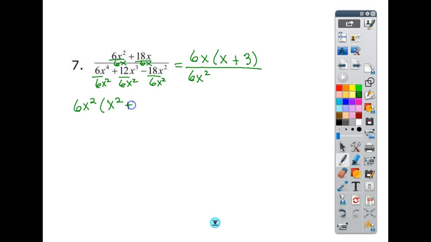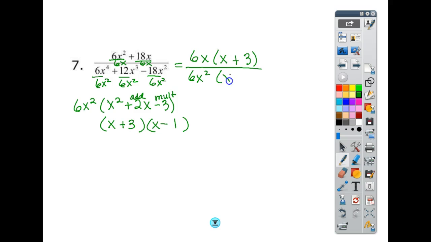X squared plus 2x, good, minus 3. Now, this will factor again. What multiplies to negative 3 that adds to 2? Yeah, 3 and 1. We just have to figure out the signs. A plus 3 and a minus 1. You can stop and check it if you need to.